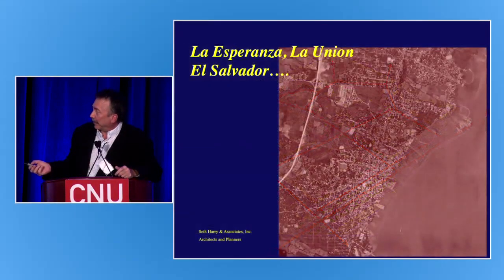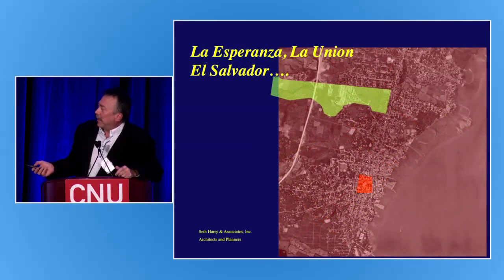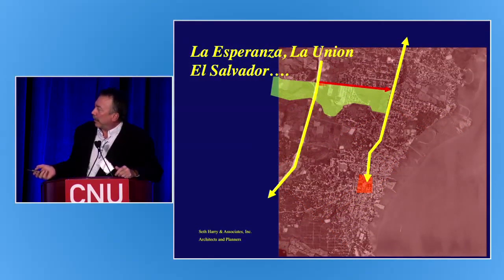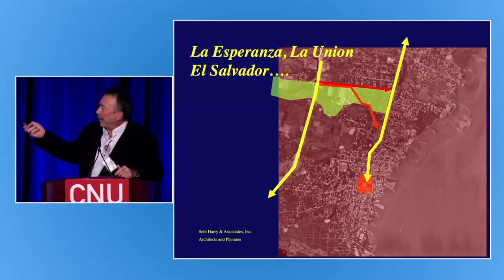And then you've got the street network in an urban location, as in an idealized environment. Another project we did in El Salvador a while back had a regional-scale highway. This is a traditional urban center, and there was a connection that came through the site, and this had already started to build out in a fairly suburban form.